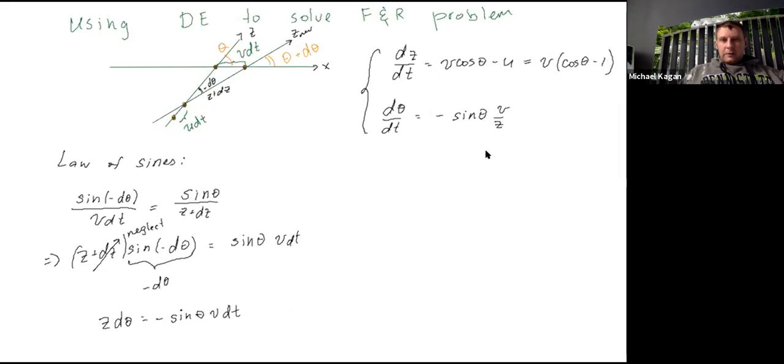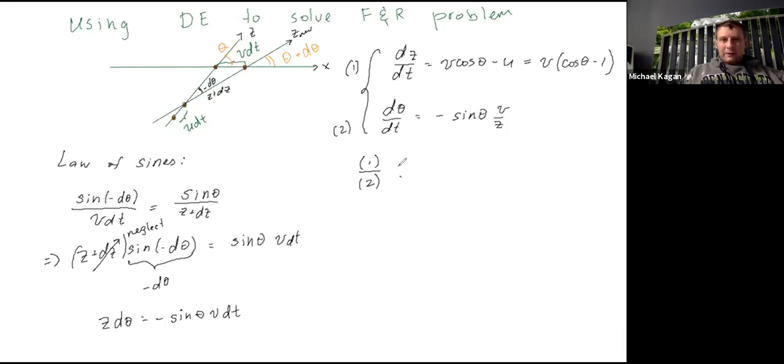So really, you have to solve them together. However, since we're really not interested in time, at least for the fox and rabbit variation of the problem, we can do a very silly trick. We can actually divide equation 1 by equation 2.